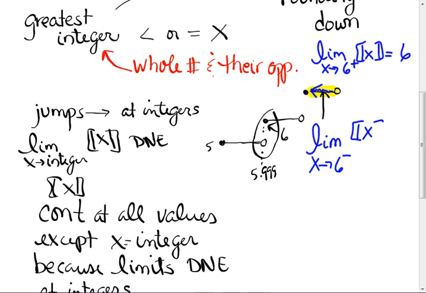What's that equal to? That's 5. This is f of 6. This is not f of 6. So this is not left continuous. If you come in from this side, the value it's getting close to has to equal the function there. It's not. So this is said to be right continuous.